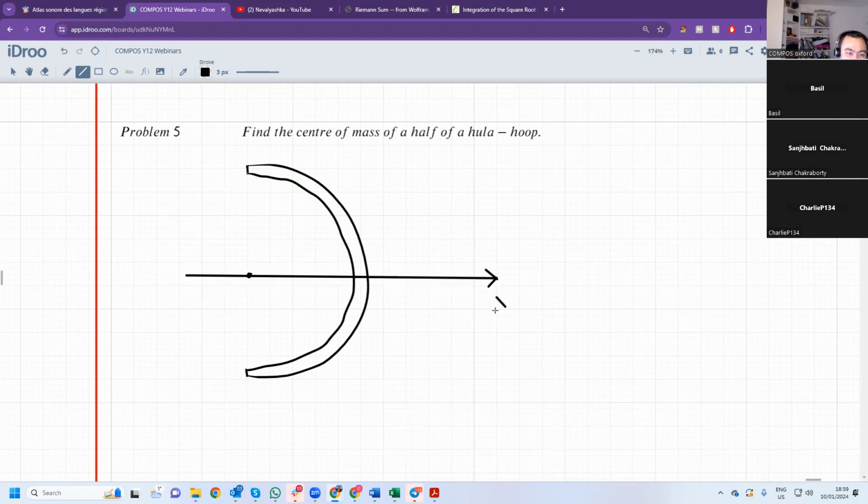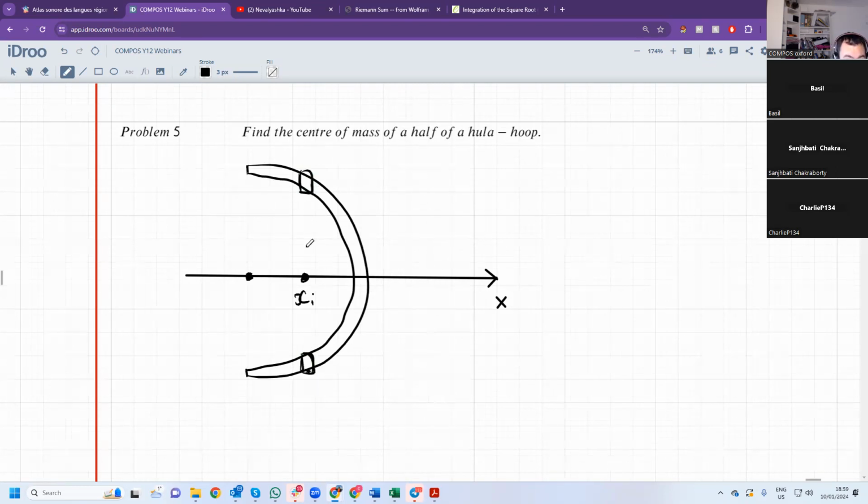Same idea. Let's say we're at position xi, and we take the mass located at this coordinate, because of course the center of mass is somewhere along the x-axis.